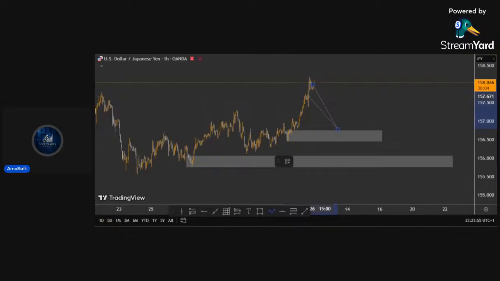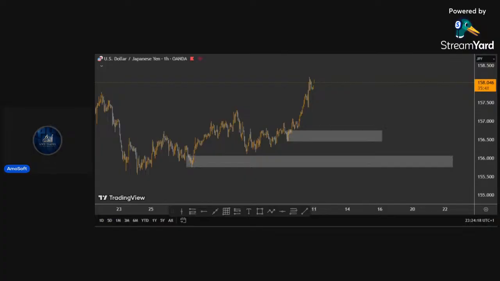I don't think this level is going to hold price. Expect price to come down to this level, then respect this demand zone over here, then I'll take a buy. I don't know how far that buy is going to go, depending on what the dollar does during the week, but at least we managed to get like a 1 to 2 risk to reward or thereabouts from that particular trade.